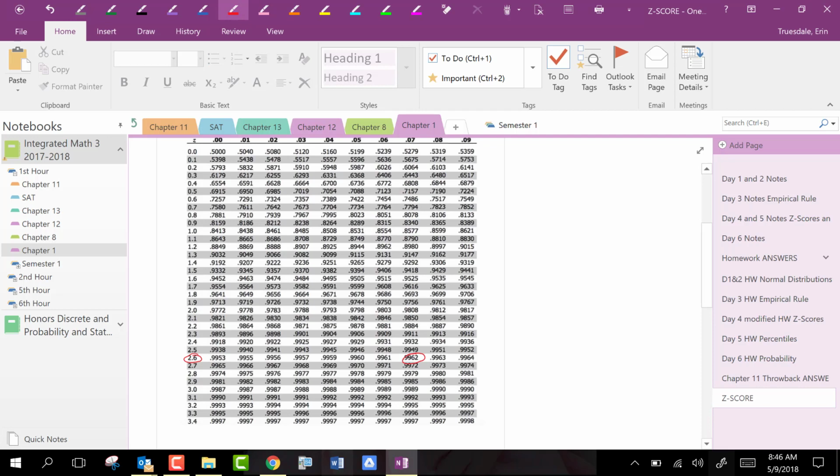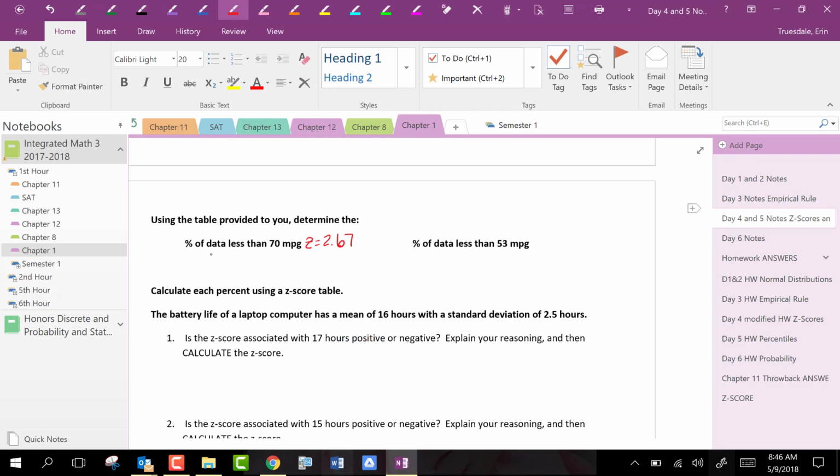What is that value? 0.9962. So 0.9962 means 99.62% of the data lies less than 70.